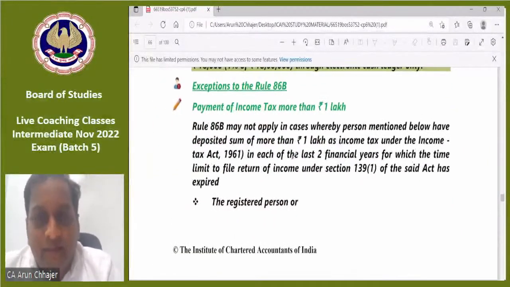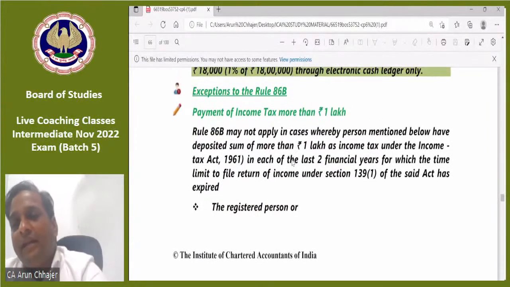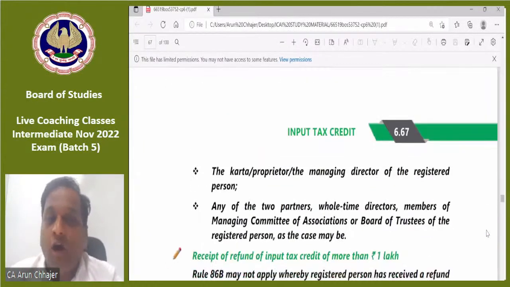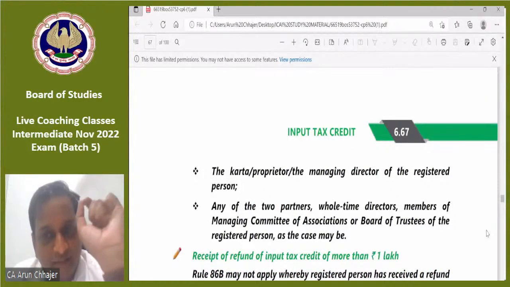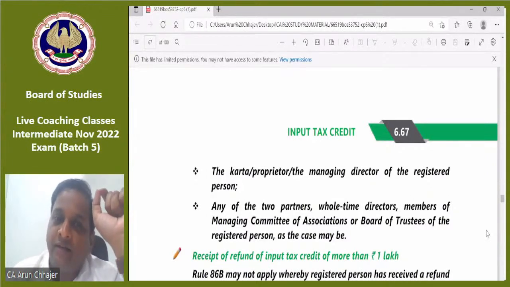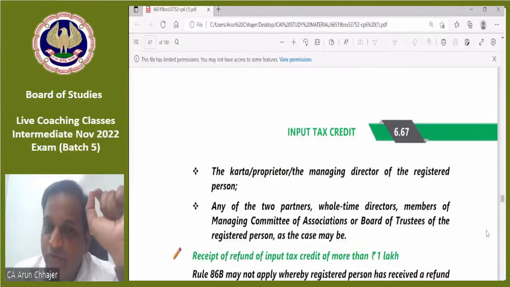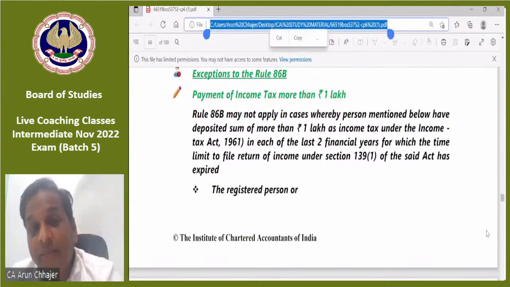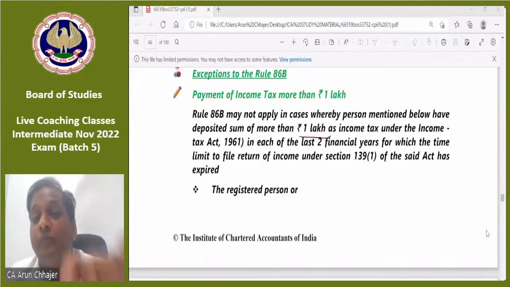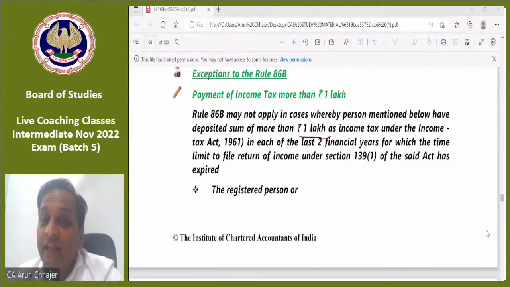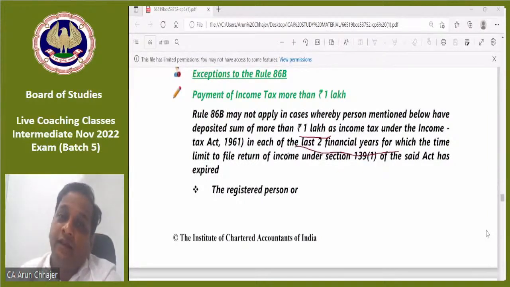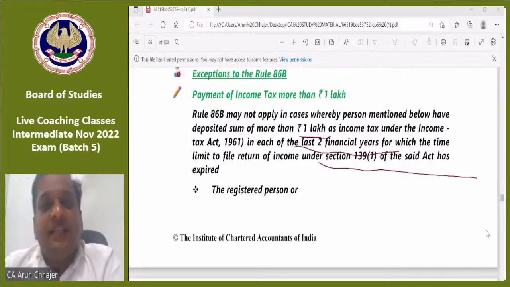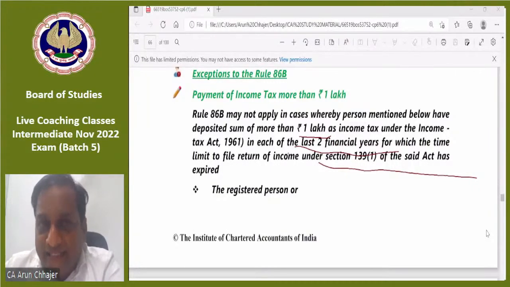Exception: if income tax of more than 1 lakh has been paid either by the registered person, or by the Karta, proprietor, managing director of the registered person, any two partners, full-time director, managing committee of the association or board of trustees, as the case may be, in the last 2 financial years for which the due date under Section 139(1) has expired, then we can say this assessee is not liable under Rule 86B.